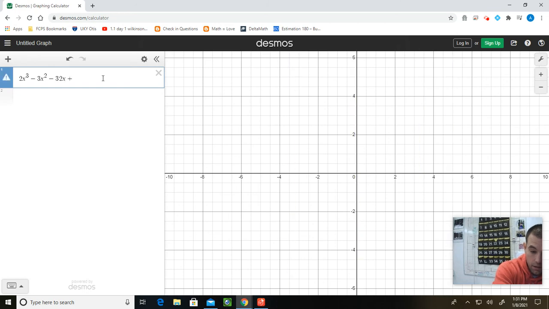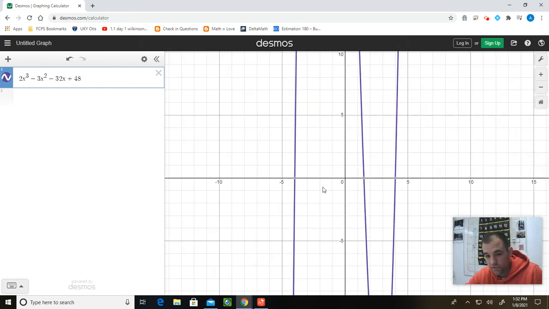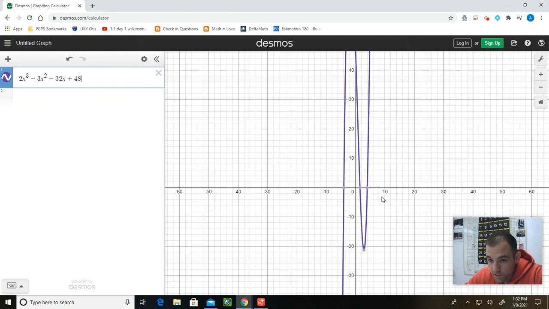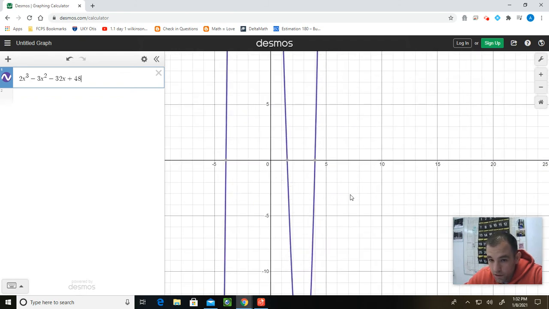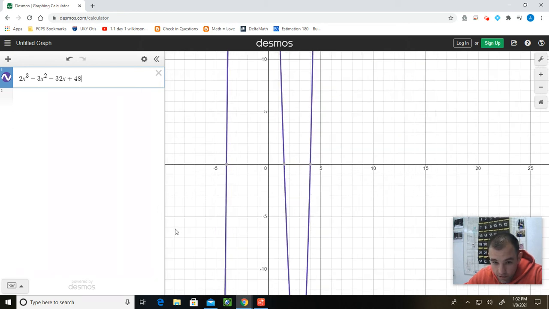And look at this graph, right? It's really big, and it just kind of keeps going and going. We wanted to know where the graph was below the axis, right? So that's this piece here. So from negative infinity, way over here, until we got to negative 4.